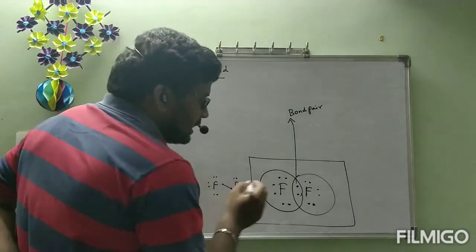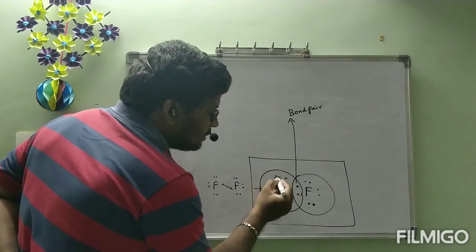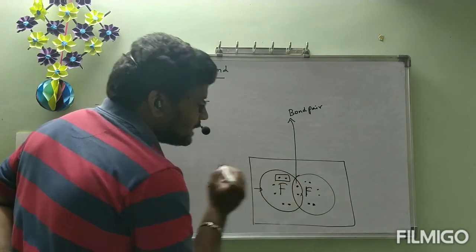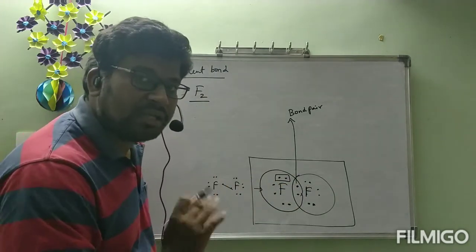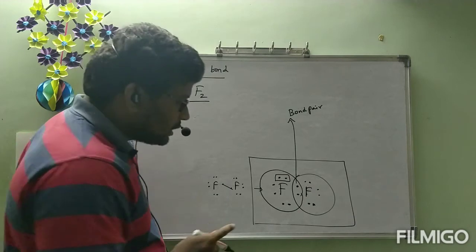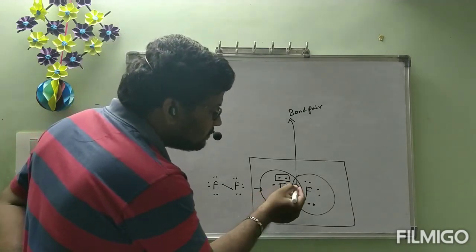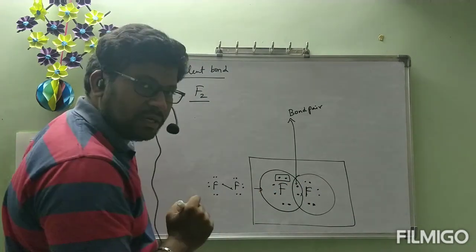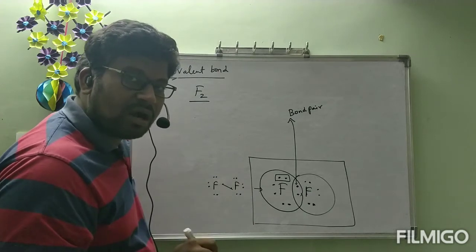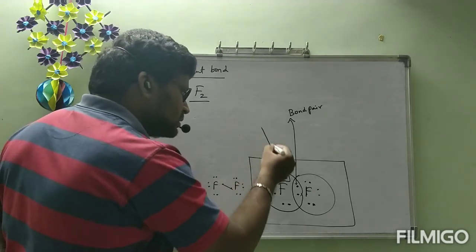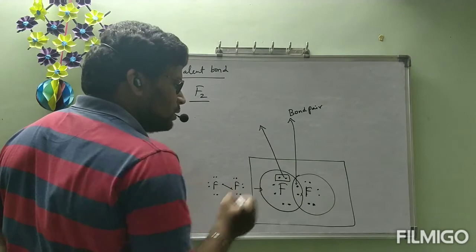Remaining electrons will be present on those fluorine atoms individually. Now the electron pair which is involved in bond is called bond pair. The electron pair which is not involved in bond is called lone pair.